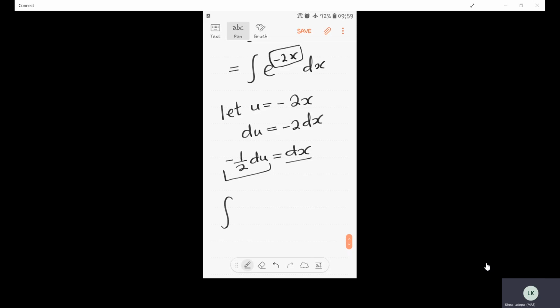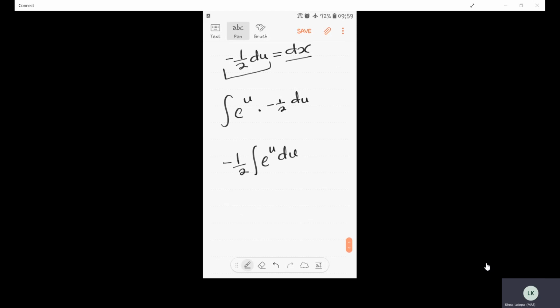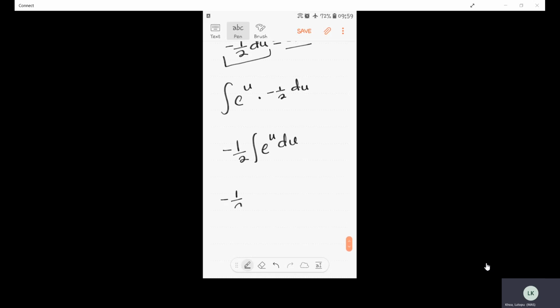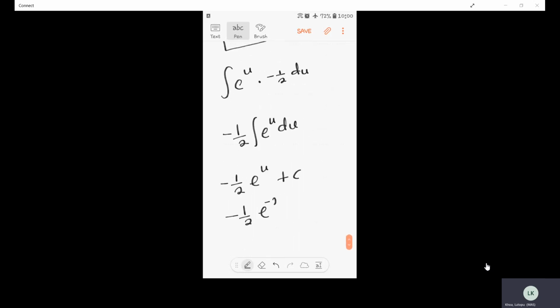So this is the integral of e to the power of u times minus half du. The minus half goes out with the integral of e to the power of u du. So this is minus half e to the power of u plus c, which is minus half e to the power of minus 2x plus c.